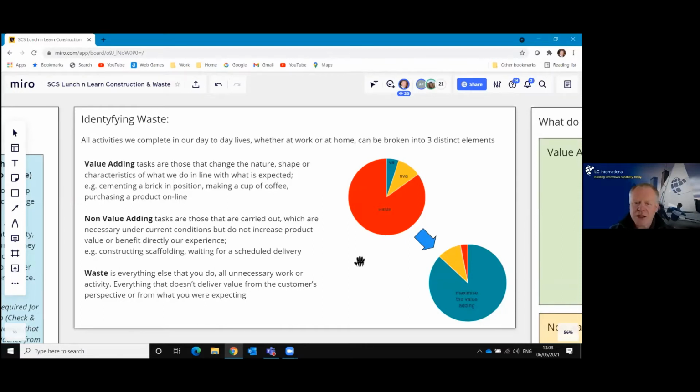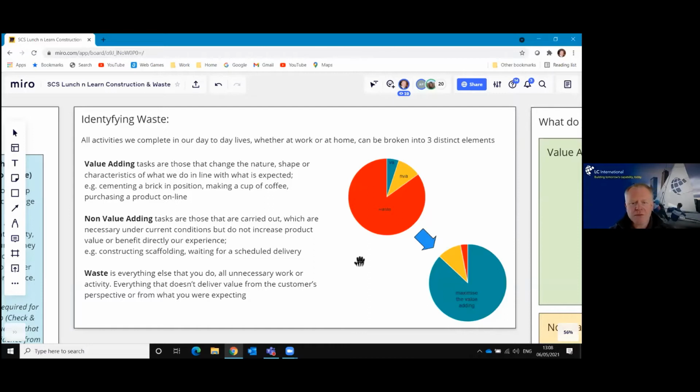Do you have to wait in a queue, for example? What are the staff doing as you're waiting in the queue? Are they dealing with people in an efficient way? Or are they having problems with maybe paperwork, or their systems are slowing that movement of people? And if we're seeing these challenges, that's where the non-value adding waste starts to appear.